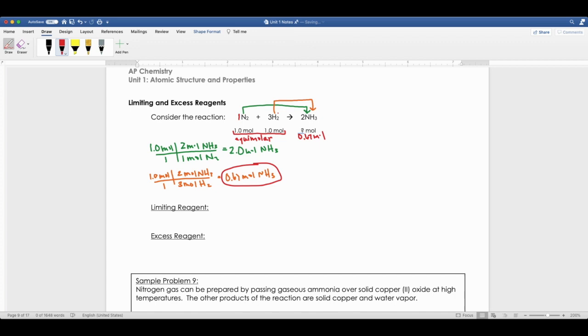So this is the limiting reagent right here. And that's because 1 mole of hydrogen produces significantly less product than the 1 mole of nitrogen. Then nitrogen, there's more than enough of that there to react with all of that hydrogen. So in this case, my nitrogen is my excess reagent.